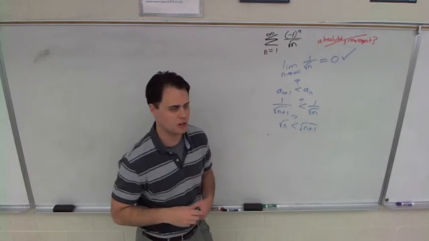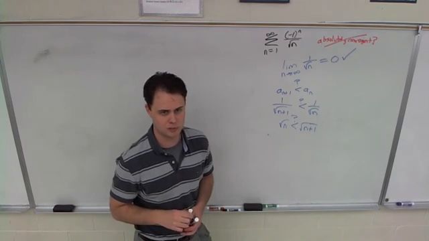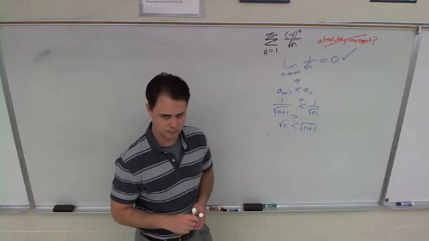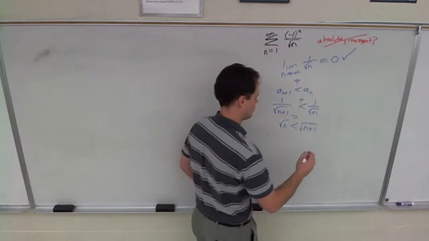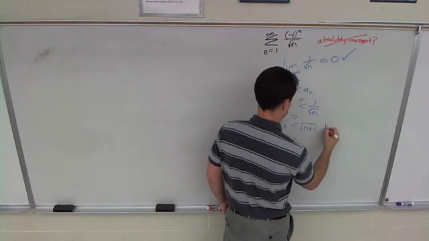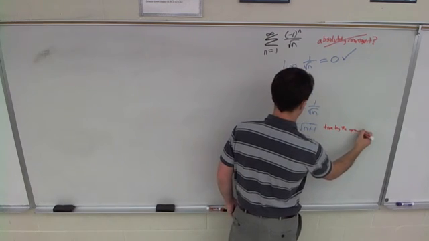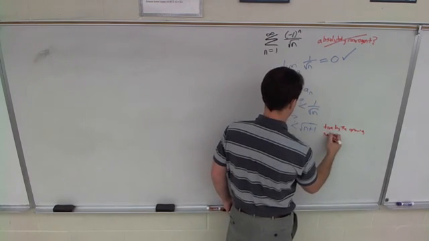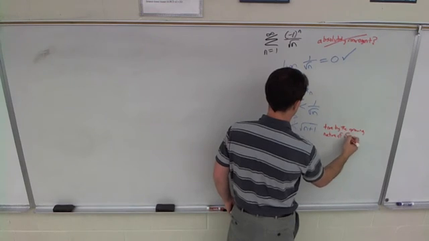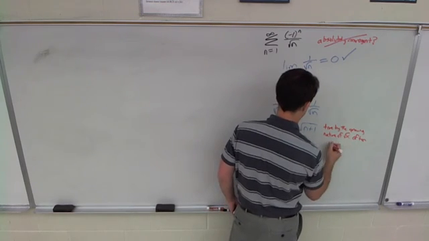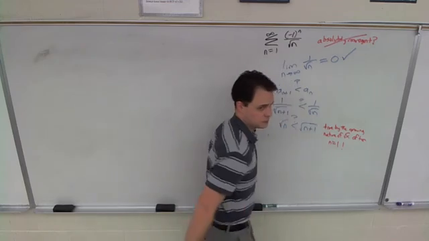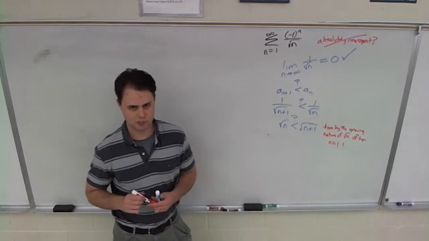How could you defend the fact that that's definitely true for all n greater than 1? I would say true by the growing nature of the square root of x after n equals 1. Yeah, something like that.